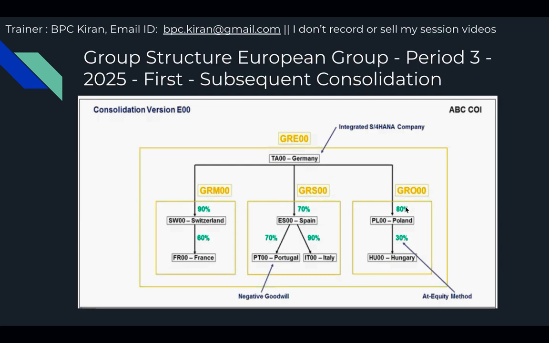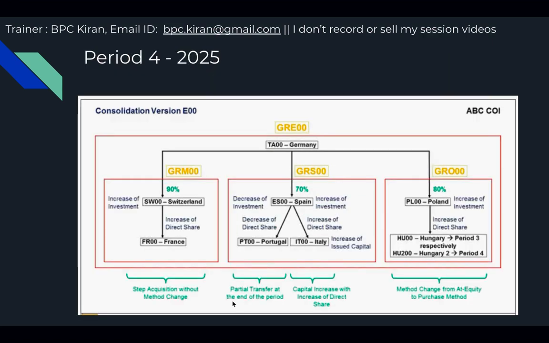So Poland is taking 20% from Spain. So 50% remains in this particular group relevant to Portugal, and 20% in the other group. How is the system going to deal with the partial transfer at the end of the period?